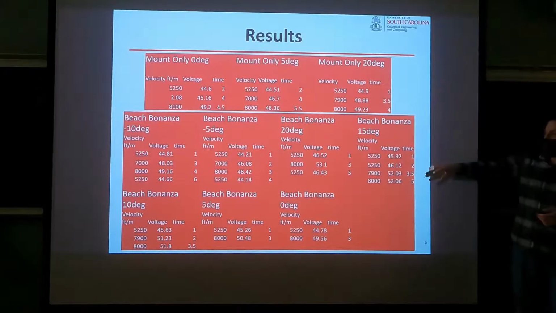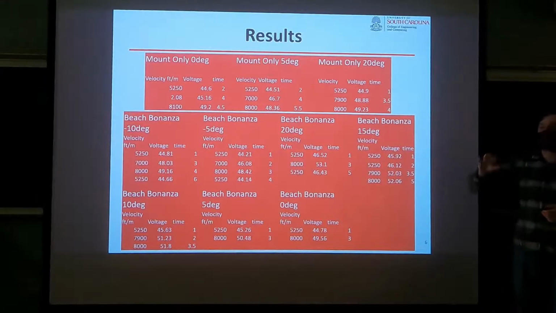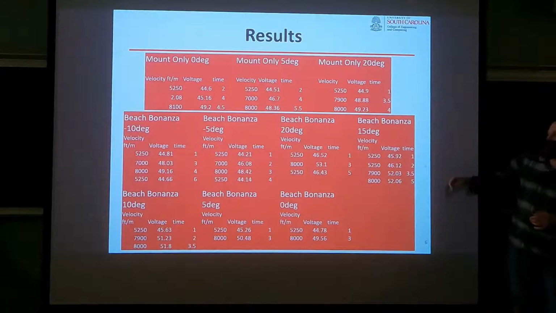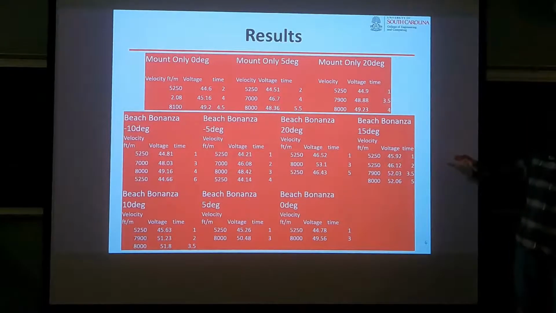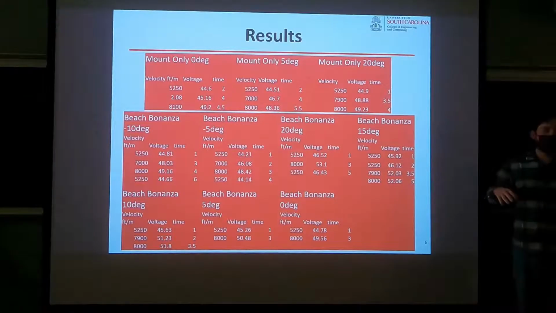Normally we were seeing about 40 volts just sitting still. So 45 volts means an increase of some amount. Eventually I came to the conclusion that 10 volts was about 5 pounds of force on it.